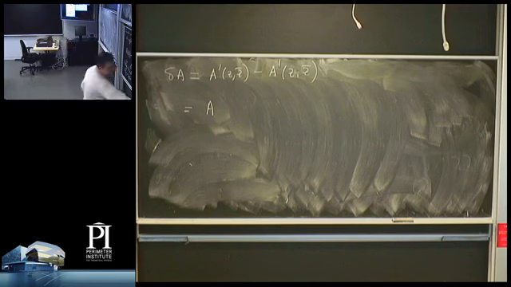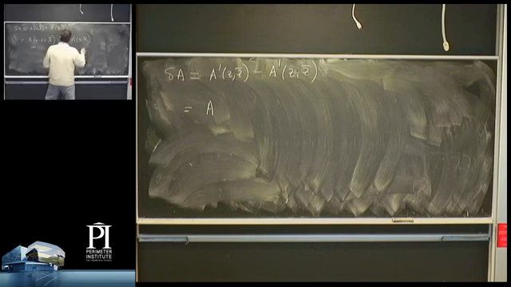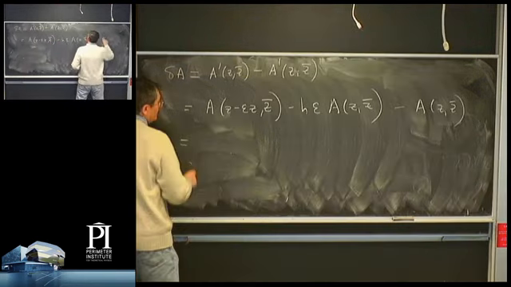So this becomes A of z minus epsilon z, z bar, minus h epsilon A of z, z bar, and then I have to subtract A of z, z bar.